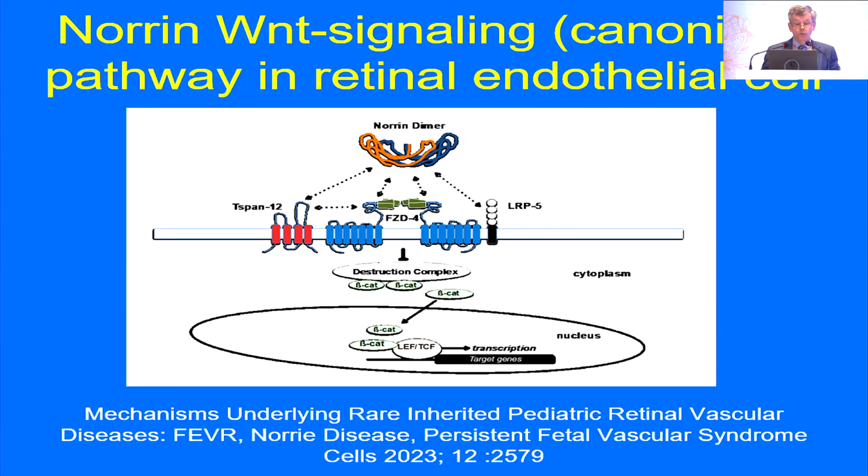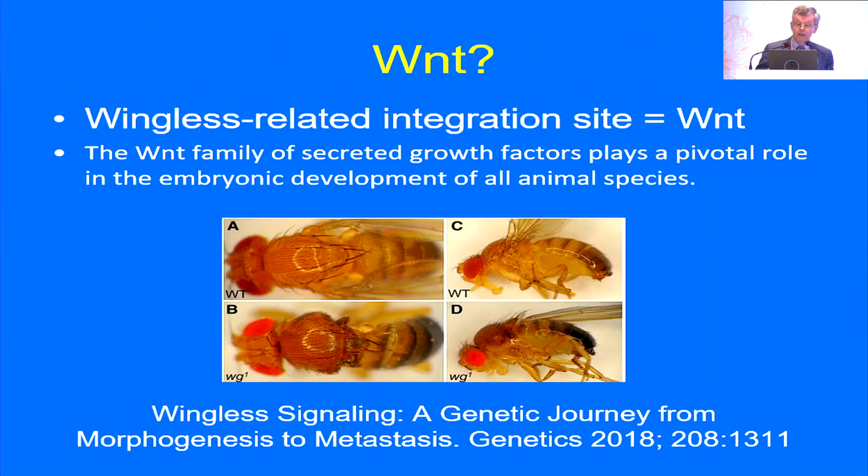So the Norrin-Wnt signalling pathway is a very important pathway in embryogenesis, and Norrin is a protein in the retina that's secreted by the Mueller cells. It interacts with a number of receptors on the cell surface, and they stabilise an intracellular protein, beta-catenin, which then passes into the nucleus and causes gene transcription. And I'll talk about the association of the severity of phenotype with different variations in this.